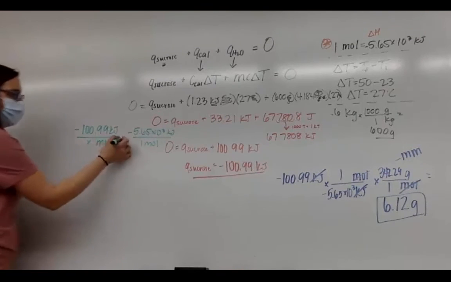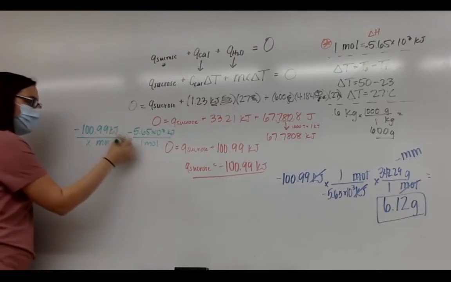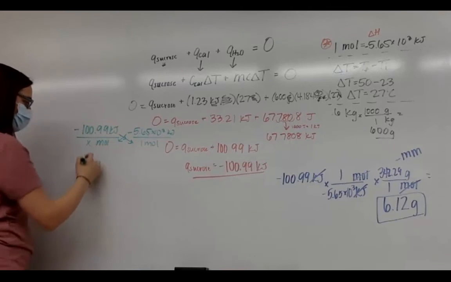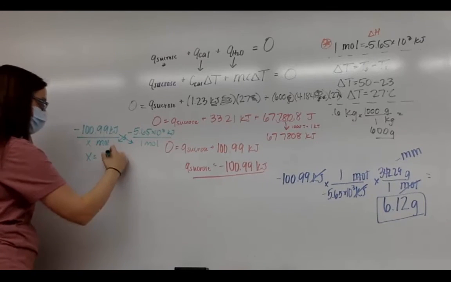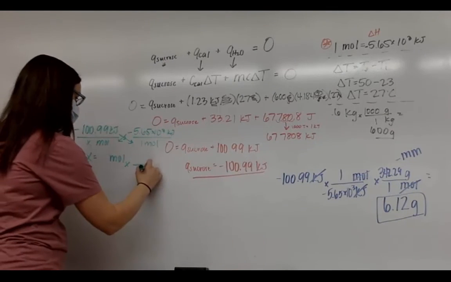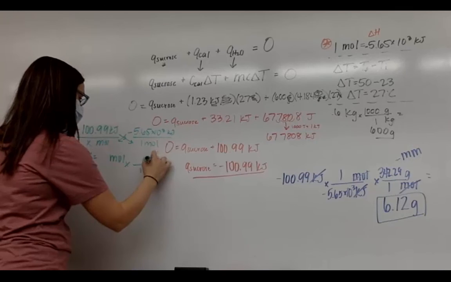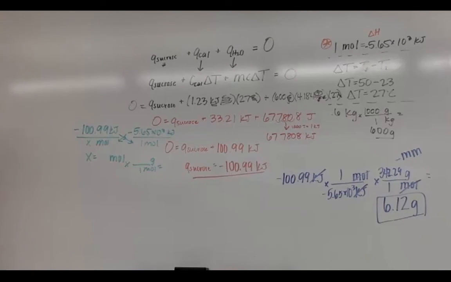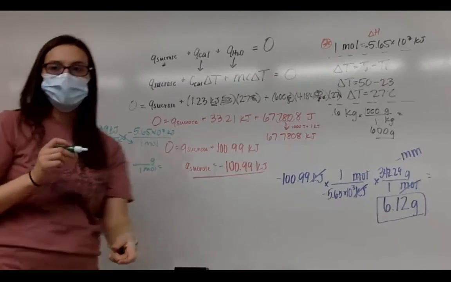Because you have this equal sign, it's a proportion, you can cross multiply. You can solve for your moles that must be burned to produce this amount of energy, and then go to grams. So either way, either the proportion or stoich.